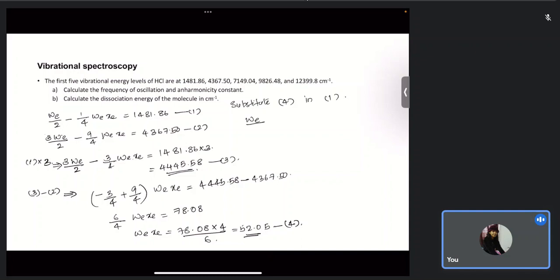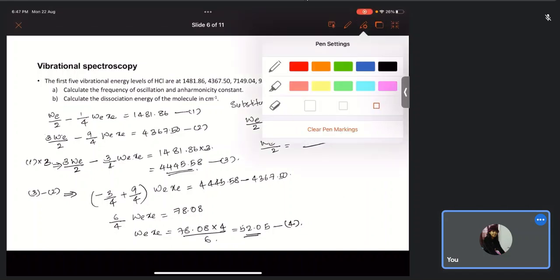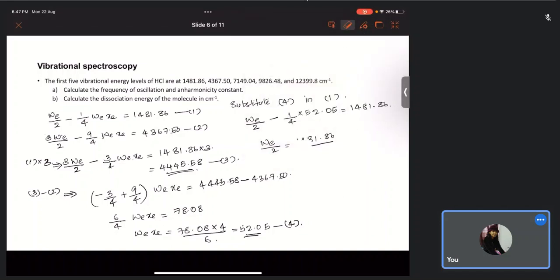So omega E by 2 minus 1 by 4 omega E xc is going to be 52.05. That is 1481.86. So omega E by 2 is equal to 1481.86 plus 52.05 divided by 4.